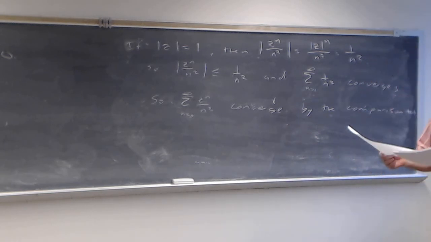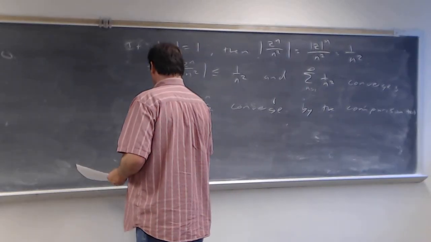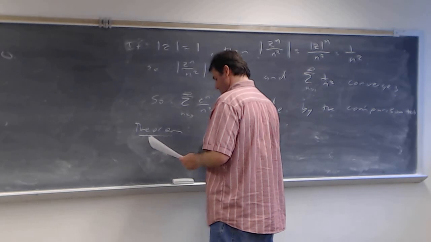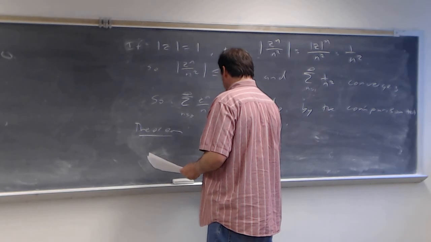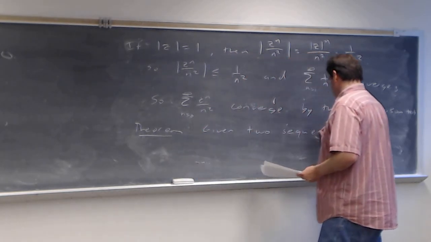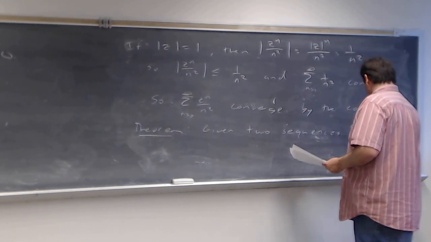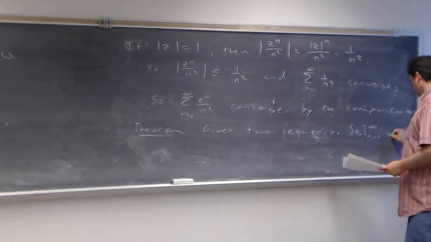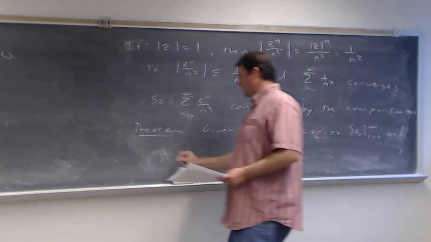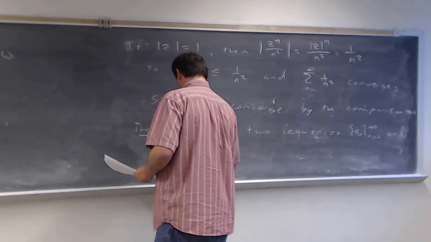Okay, I've got one more theorem to write up, and we'll use this in the future. But here's what it says. Given two sequences, a sub n runs from 0 to infinity, and b sub n runs from 0 to infinity.